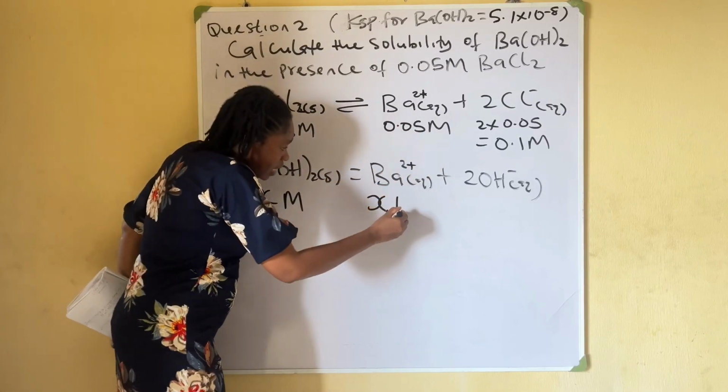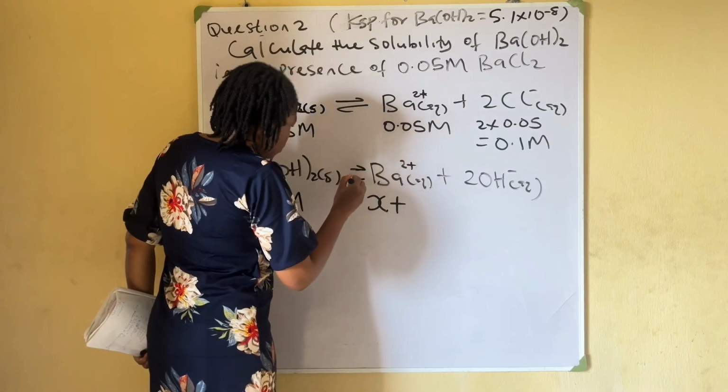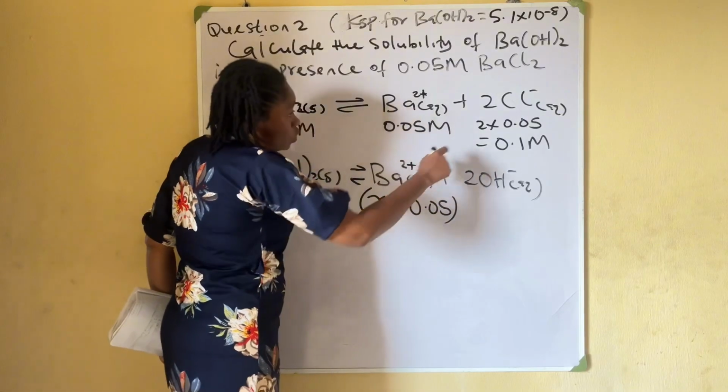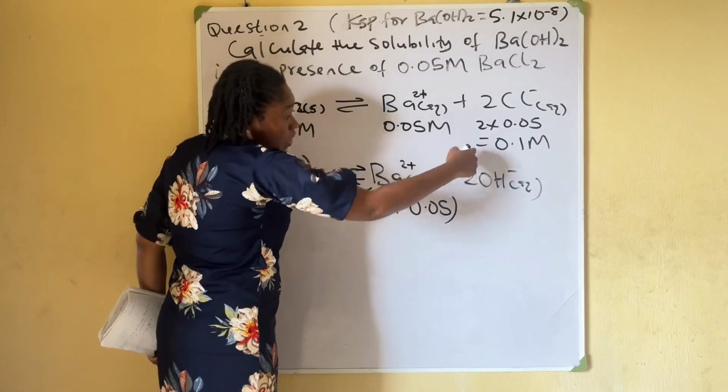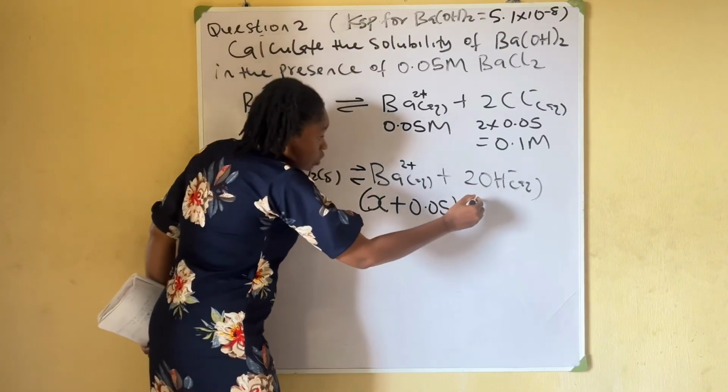So we're going to add it here, plus 0.05. We don't have anything to do with chloride ion; there's no common ion effect. For hydroxide ion, this one is 2 moles, so it will be 2S.